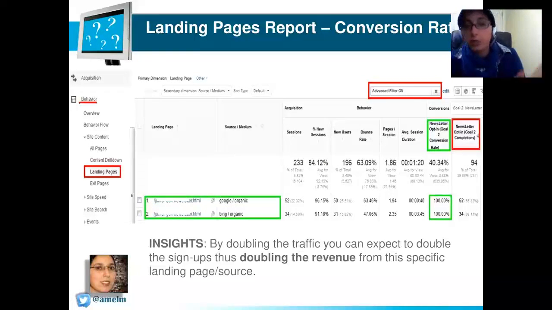And if you look at the green part there, the conversion, you have a conversion rate, and you have how many conversions happened on that page. The conversion rate is important for us, because if it's converting well, it means it's a good page, so we can actually focus on them.